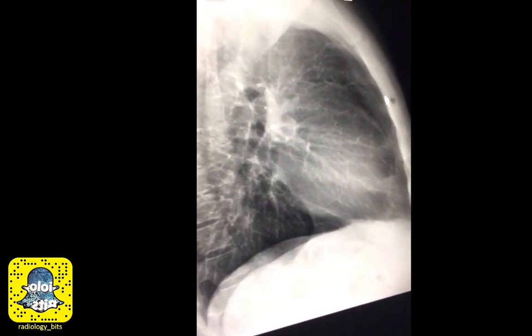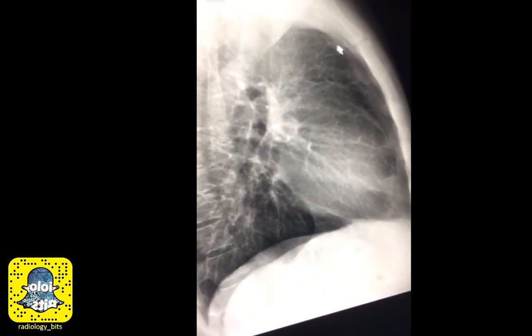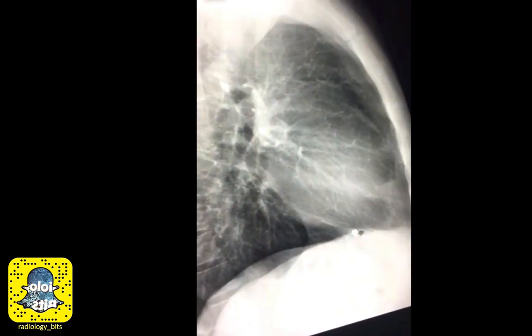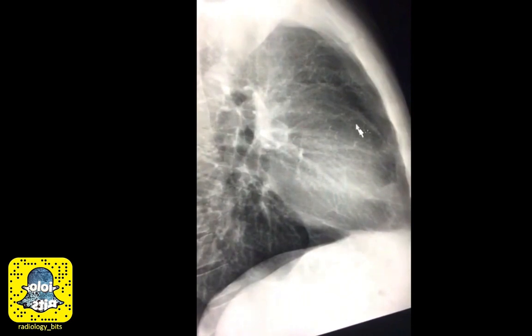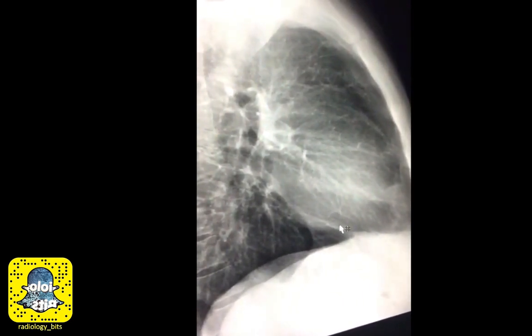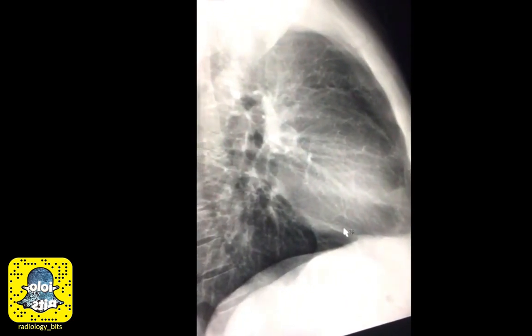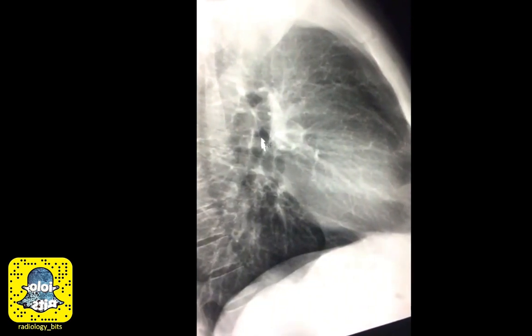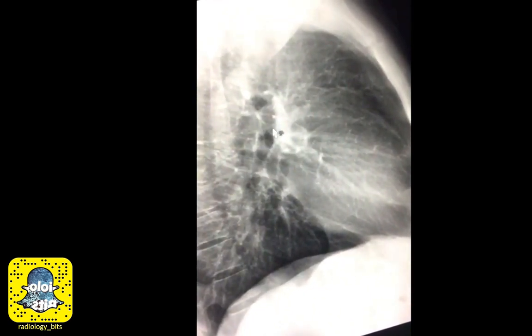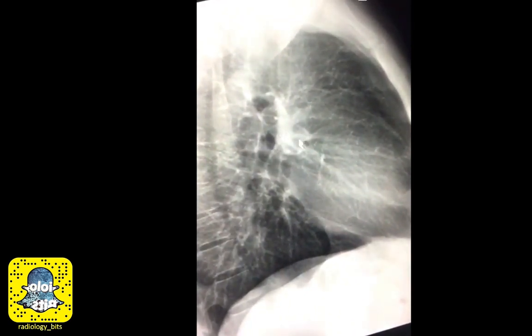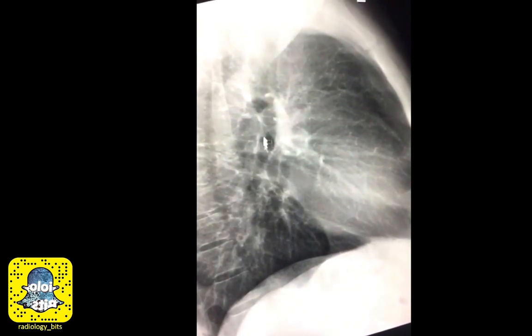This is your sternum. This dark space here is the retrosternal space. The white opacity here is the heart as expected. There is superimposition of the hilar structures from both right and left side in this area here.